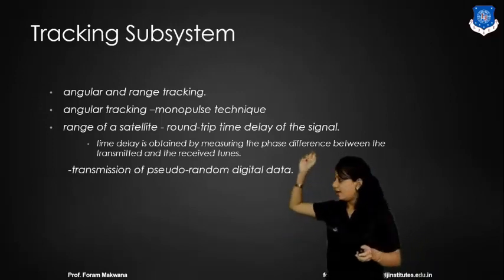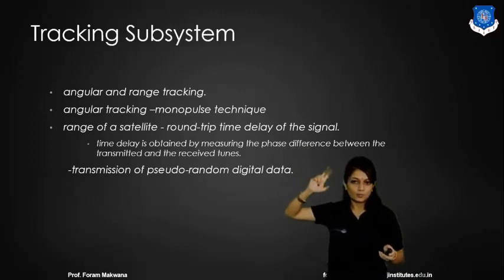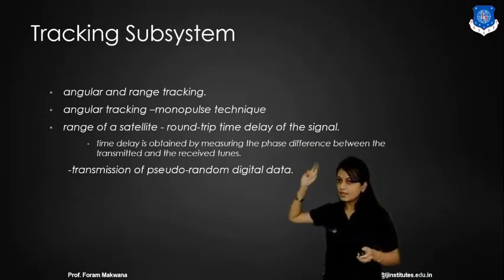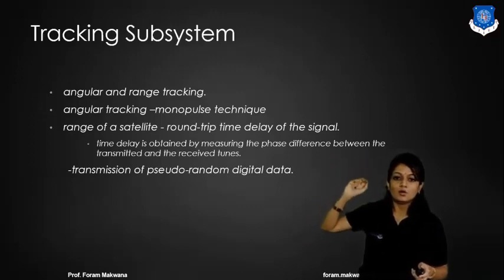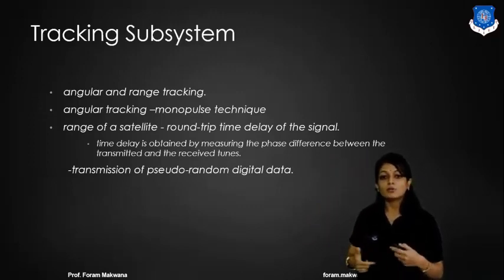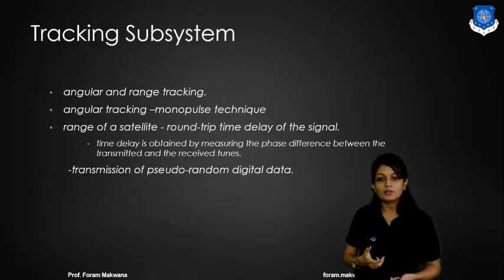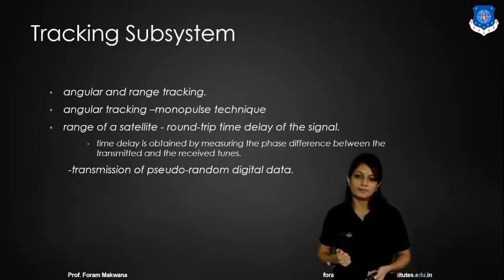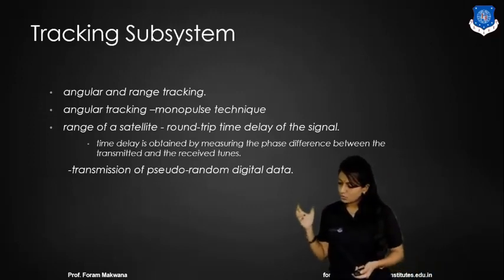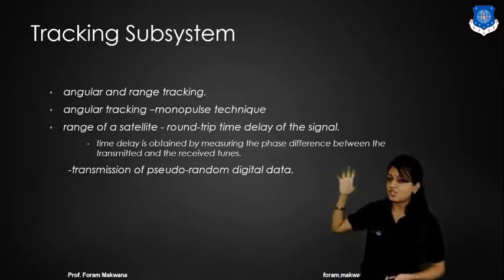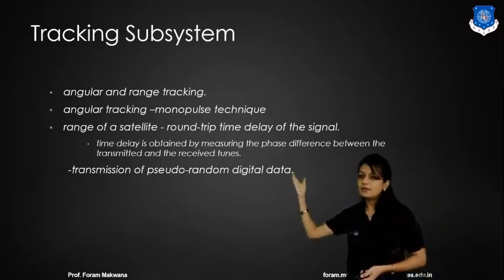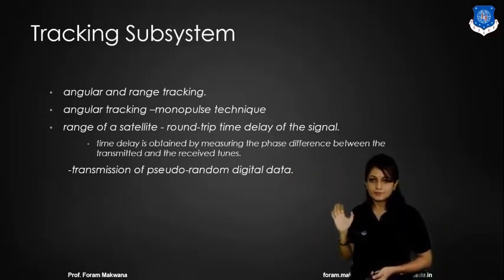Okay? Angular tracking can be done by one-of-us tracking, and the range will be tracked by the round-trip time of the signal. After how much time will I receive the signal from the satellite? Okay? It is done by the time delay, which is obtained by measuring the phase difference between the transmitted signal and the received signal.